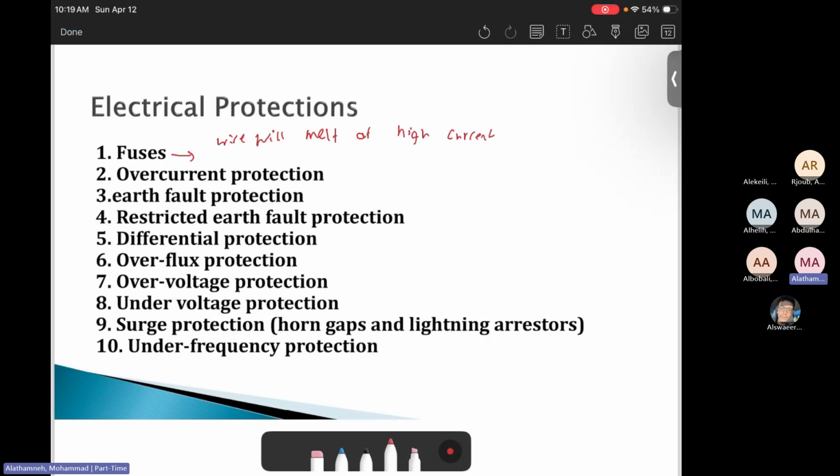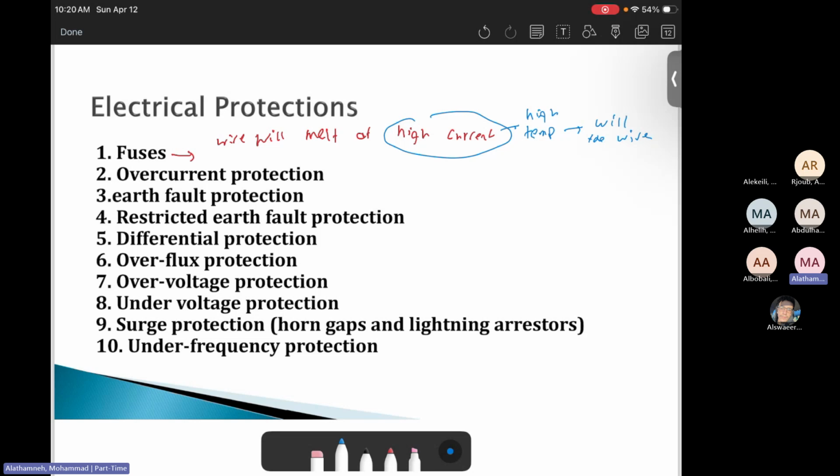When there is high current, it makes high temperature. This high temperature will melt the wire, because it's made from a material that will melt once it reaches a certain temperature.